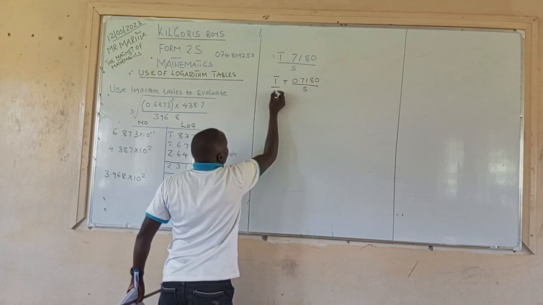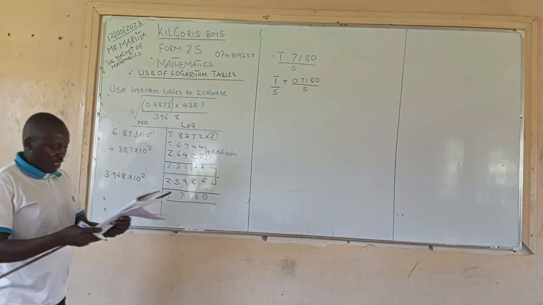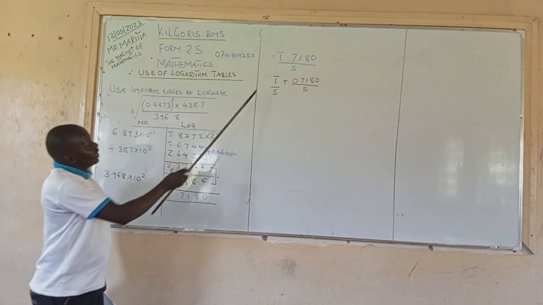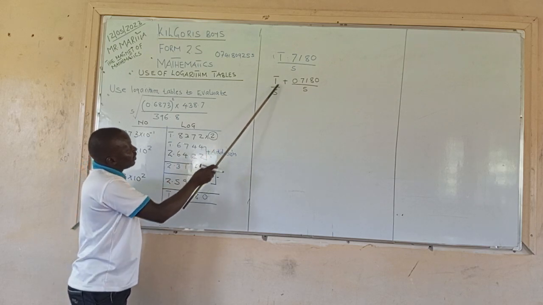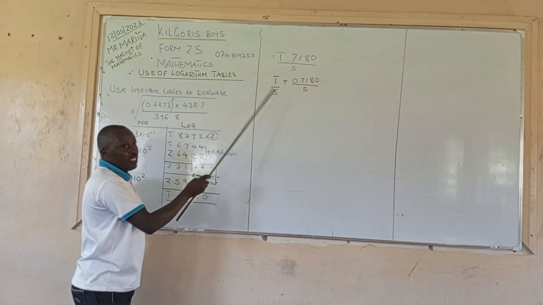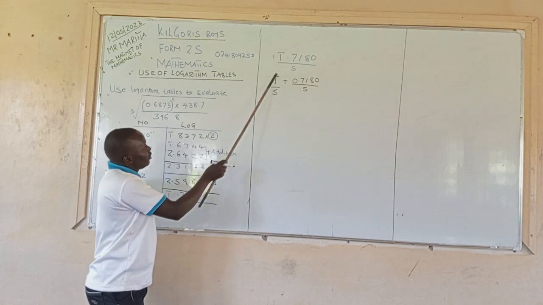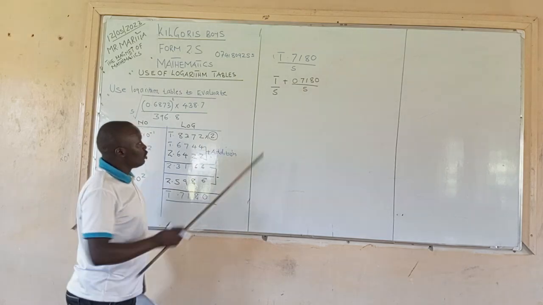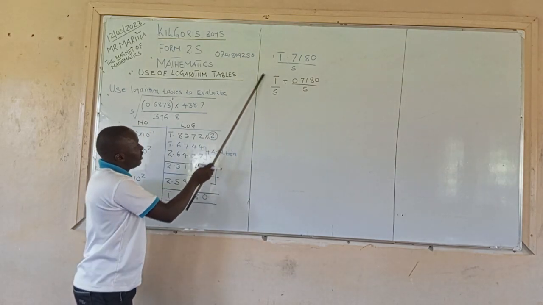In that case, check whether the character is divisible by 5. For example, this negative 1 cannot be divided by 5, so you need to make it divisible by 5.